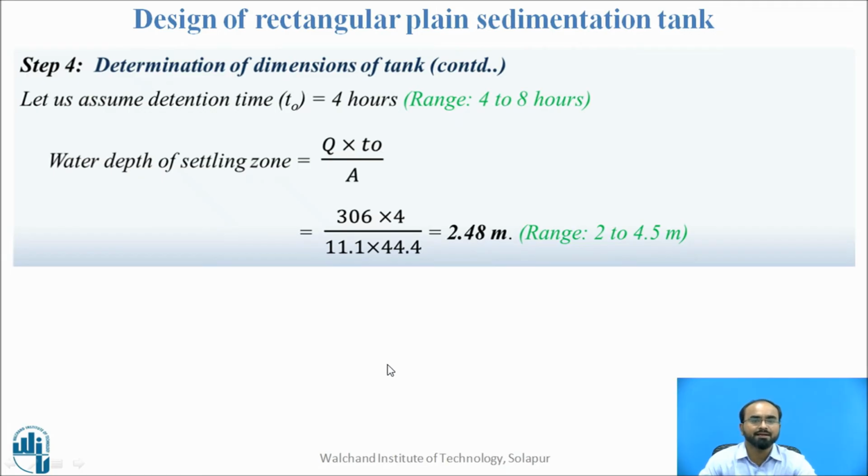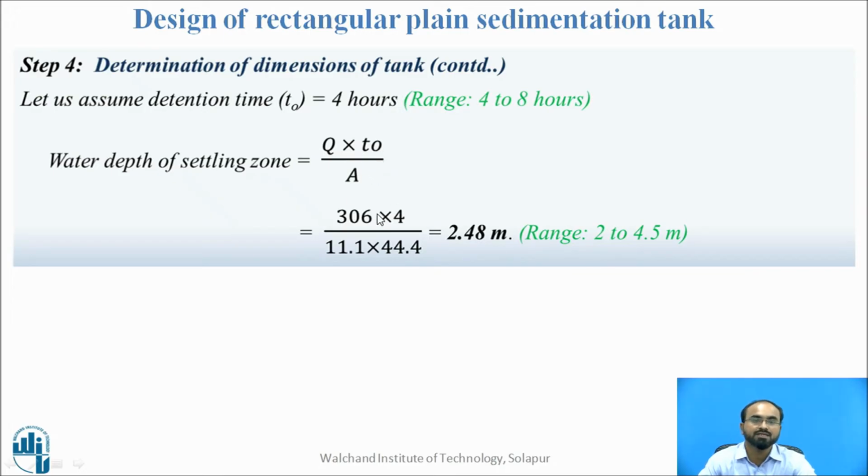What is remaining? Height. Now, let us assume the detention time to be 4 hours. You can take between 4 to 8 hours. The water depth of a settling zone is generally considered to be Q into T naught divided by A, where T naught is our detention time. We know the Q, we know the area also.